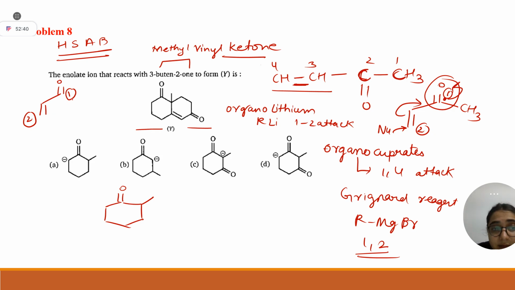So where there is more electron deficiency, that will be your hard center, and this will be your soft center. Or we can call it this is your hard acid, this is your soft acid. This thing is clear, how to assign hard and soft on the basis of intensity of that charge.